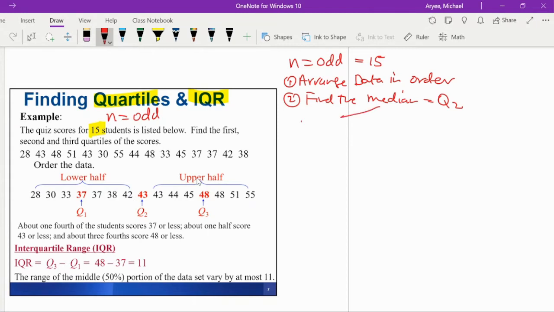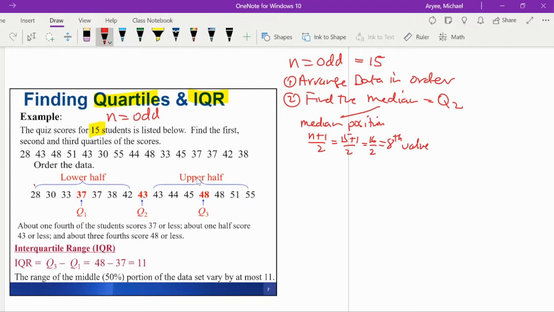To do that, you could find the median position. Remember the formula for median position, n plus 1 over 2. So you're going to do 15 plus 1 over 2. That will be 16 over 2. That will be 8. So the value in the eighth position of your arranged data becomes the median.